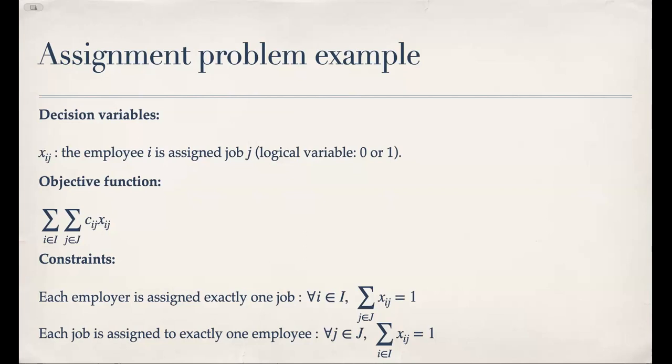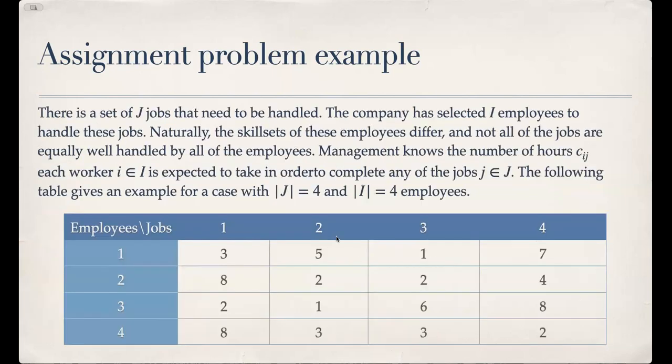Okay, then the objective function becomes c times x. But it's going to be the element by element multiplication. We multiply the first element, c11 times x11.